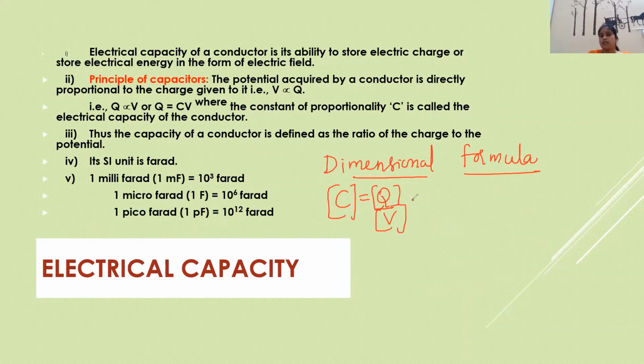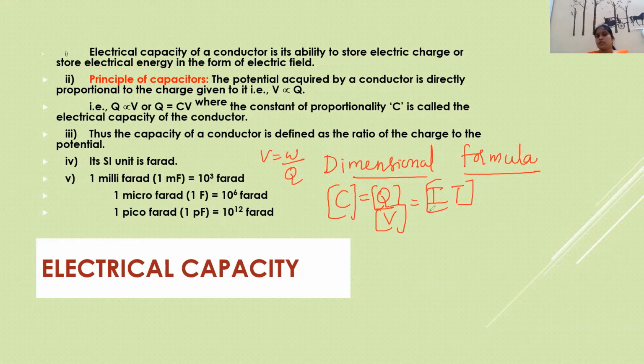Charge is current into time, so current is I, time is T. But what is potential? Potential is W by Q, the work done on a test charge.